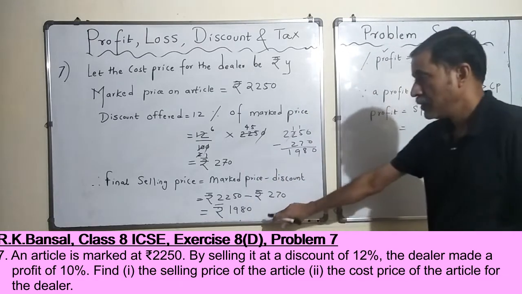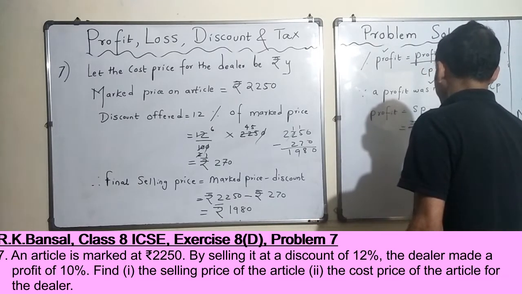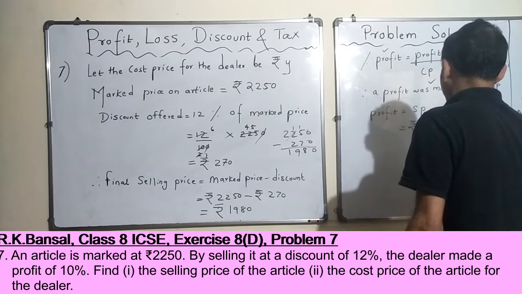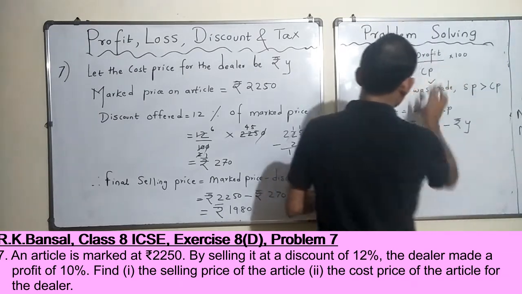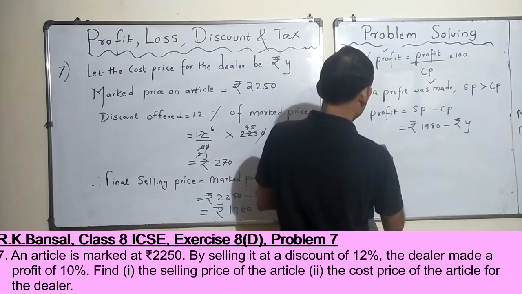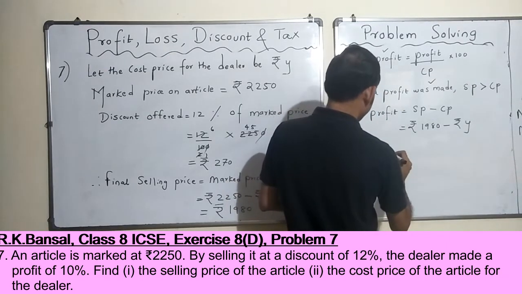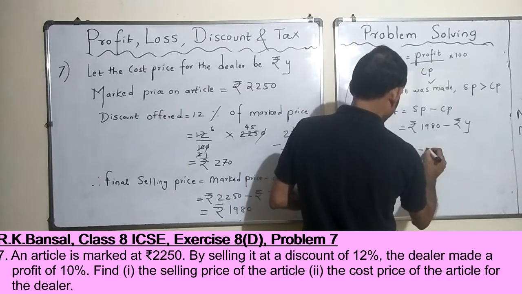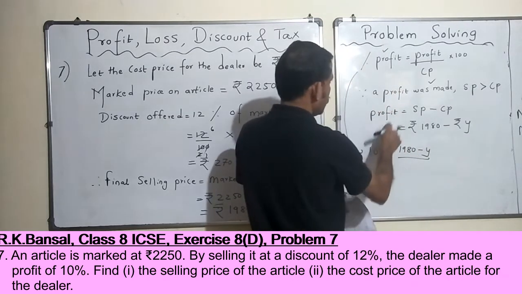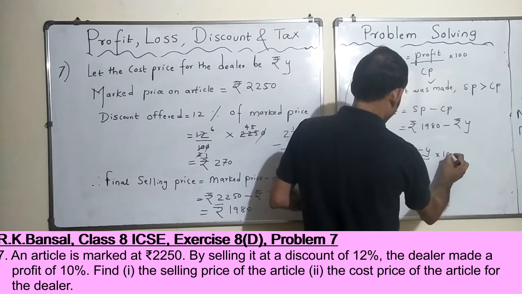SP is rupees 1980 and CP is rupees y. All right. Now I will substitute this. So percentage profit is 10. Profit is 1980 minus y. I just substitute it here. Cost price is y into 100.